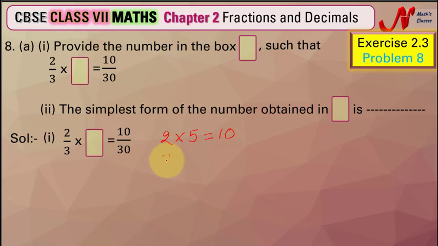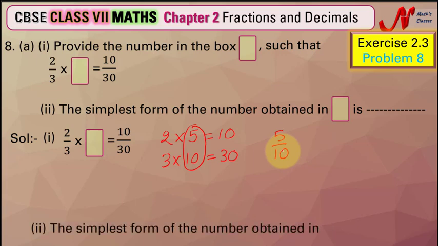Similarly, if we multiply 3 with 10, we get 30. Therefore, the required fraction in the box is 5 by 10.